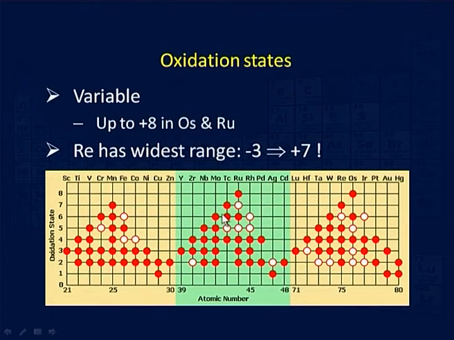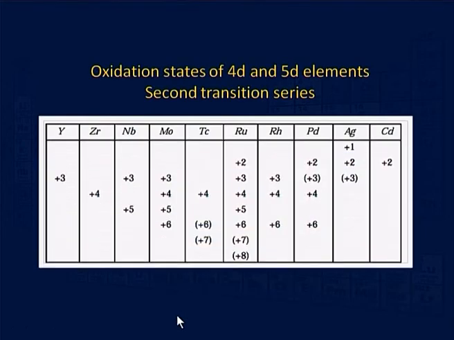However, this pyramid is slightly discontinued or different in the case of the second and third row transition elements. One thing noted in this pyramid is that some elements in the middle of the series can possess the highest oxidation state, and it decreases as we move towards the end of the series.